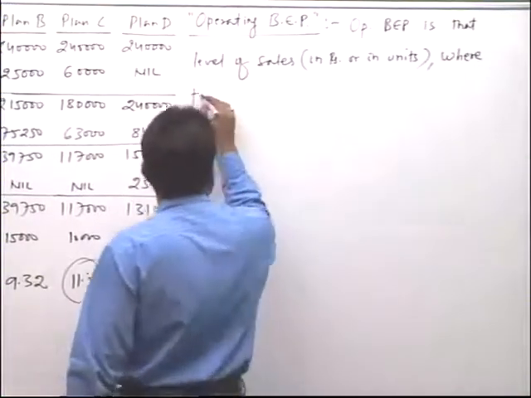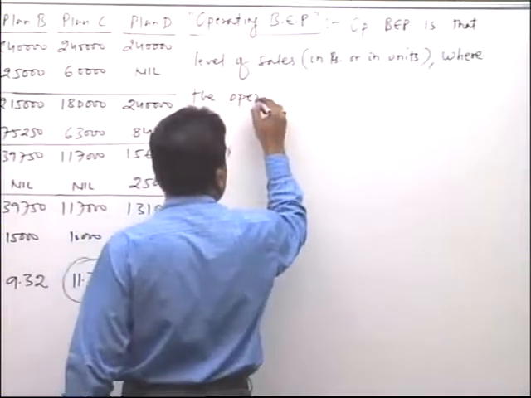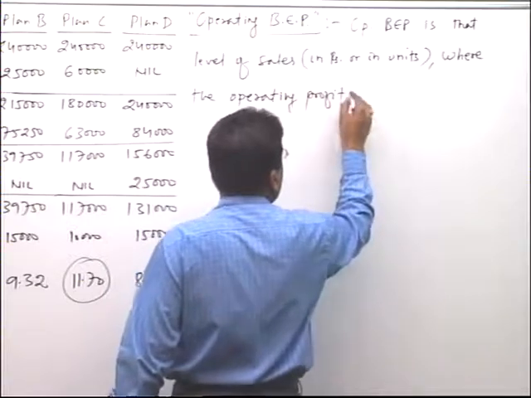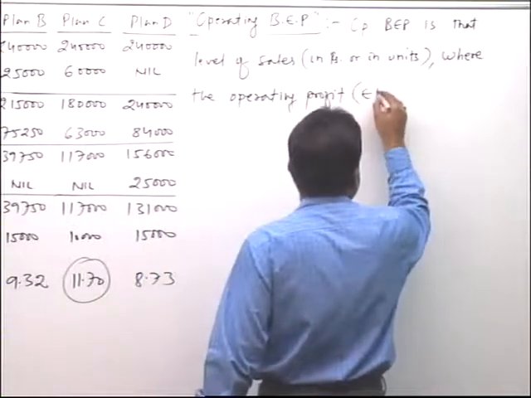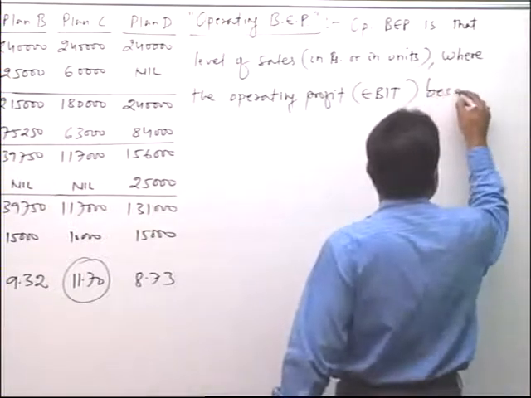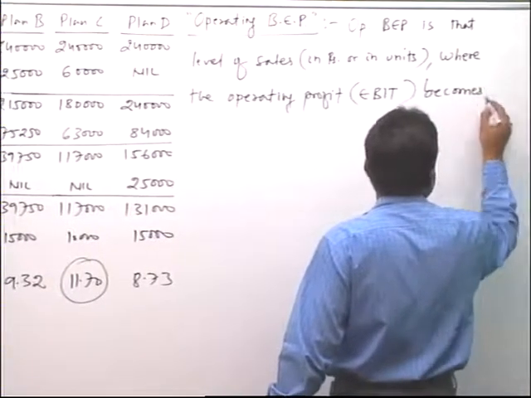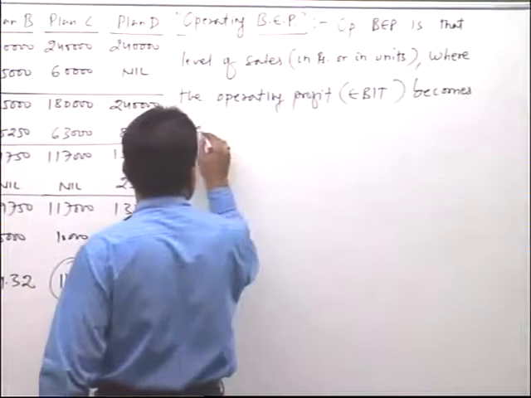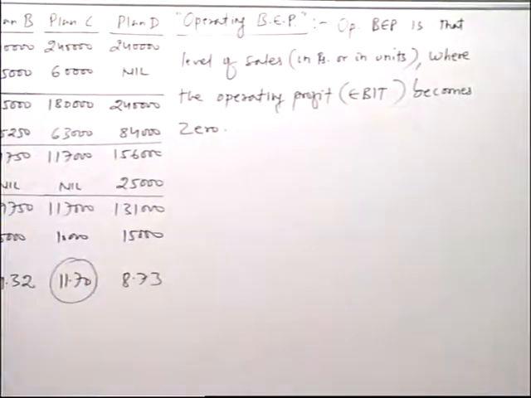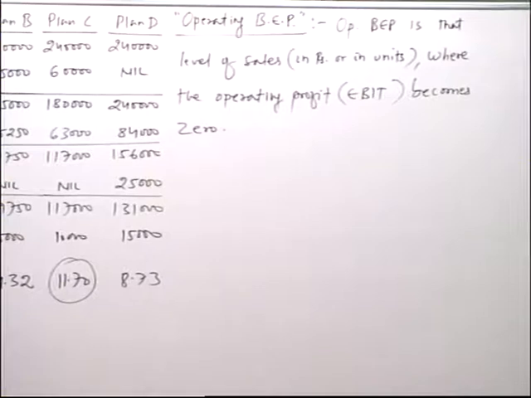the operating profit, that is called EBIT, becomes 0. So operating break-even point is that level of sales of any organization where the operating profit or EBIT becomes 0.